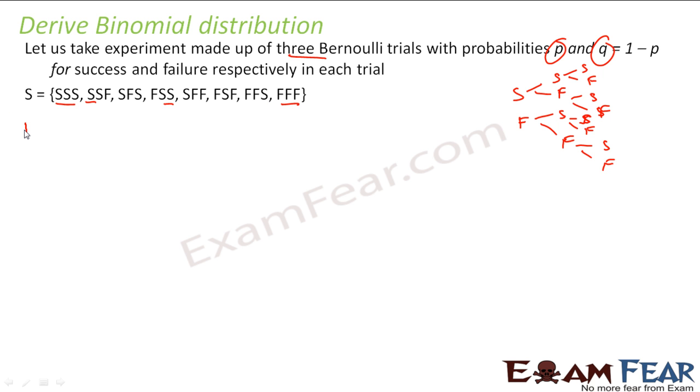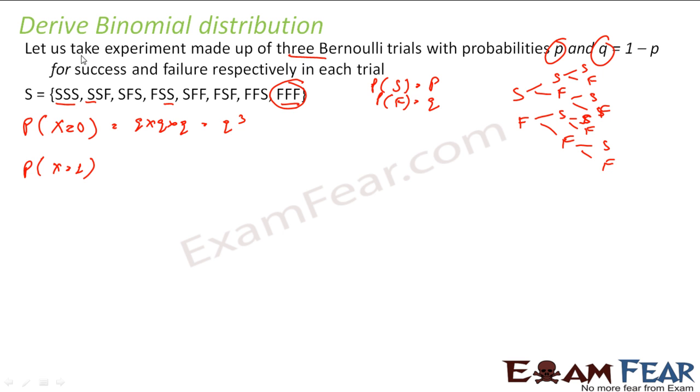So probability of getting 0 success is nothing but this guy, because probability of success is P and probability of failure is Q, given. So there is only one possible scenario, Q into Q into Q, that is Q cubed. Probability of getting 1 success: if you see, there is this guy and this guy, 3 possible scenarios.